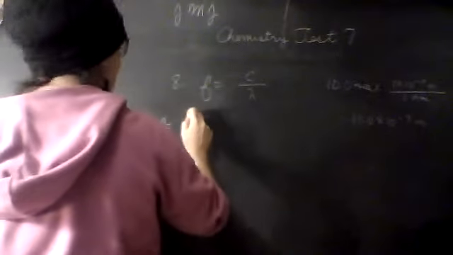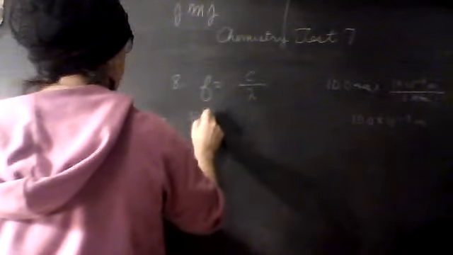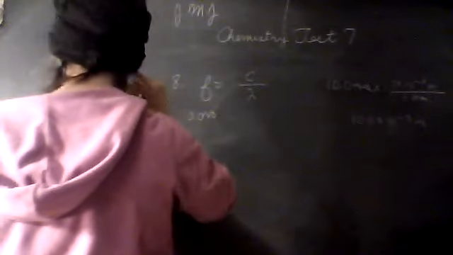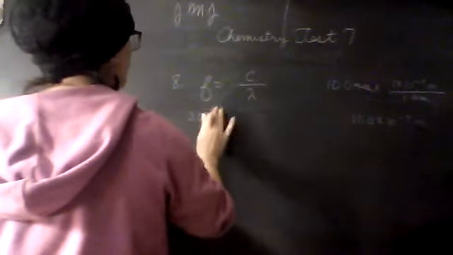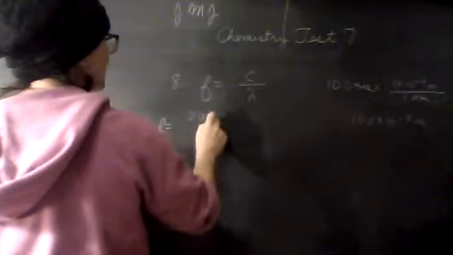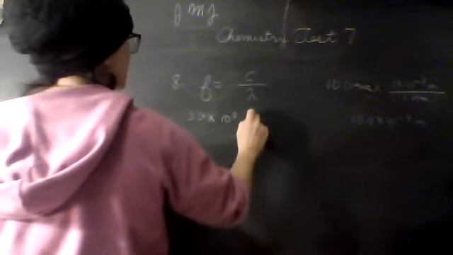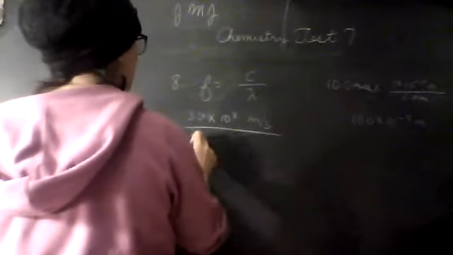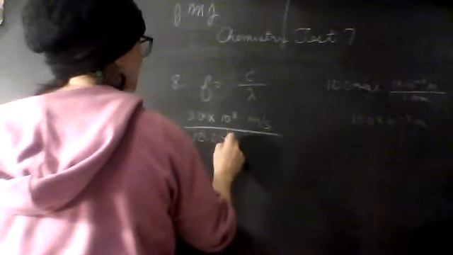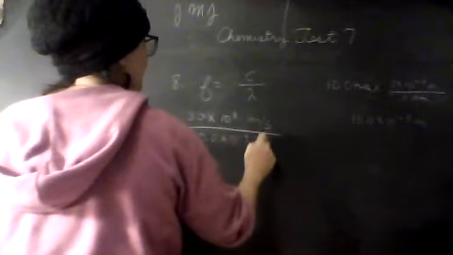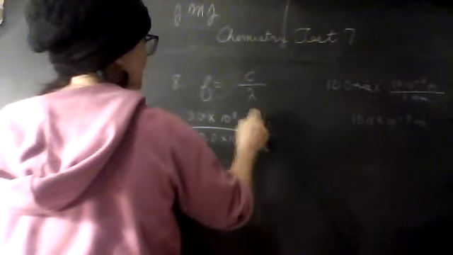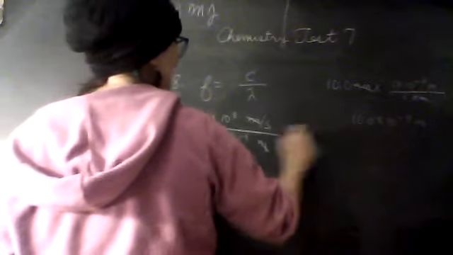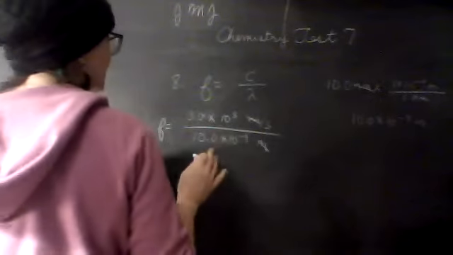So the speed of light, 3.0 times 10 to the 8th meters per second, divided by 10.0 times 10 to the negative 9 meters. Meters will cancel each other out. I'll have 1 per second, which is the unit we want for frequency.